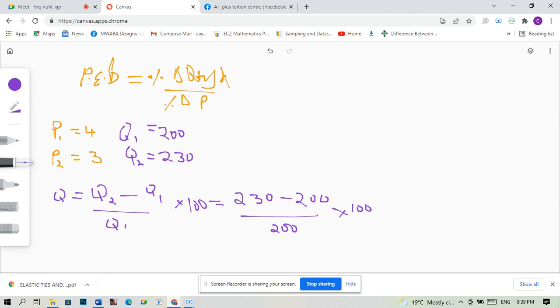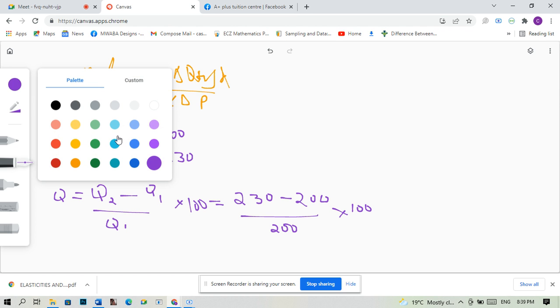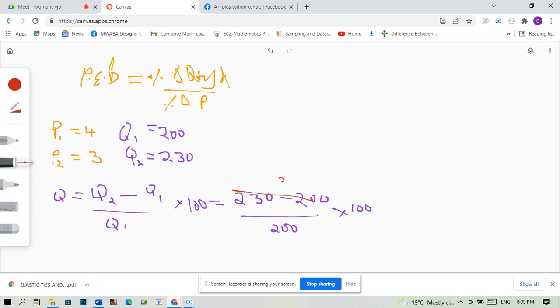Right, so 230 minus 200, we get 30. 30 divided by 200, we get 0.15.